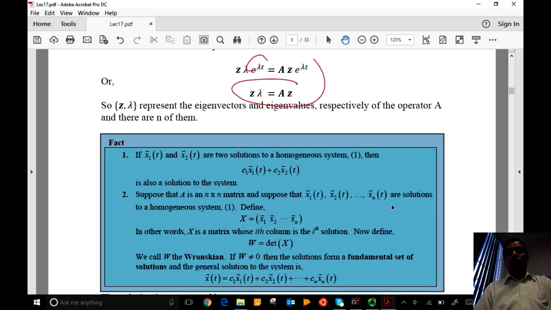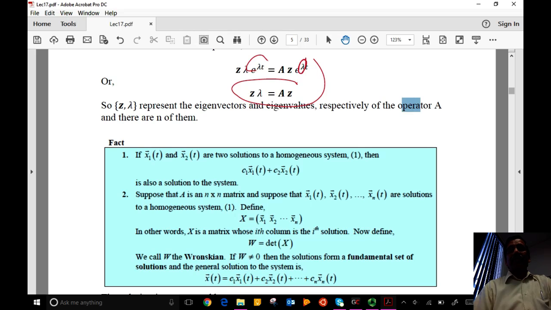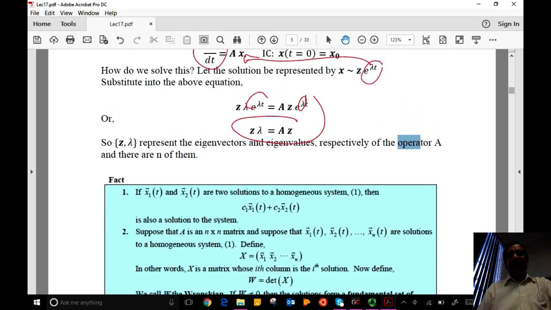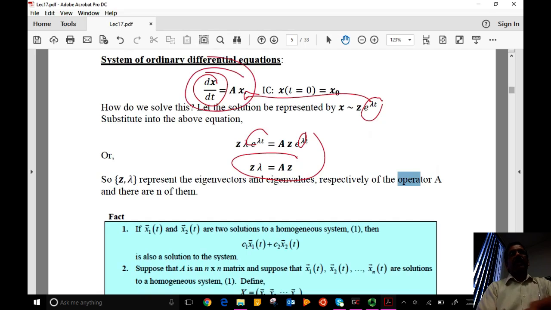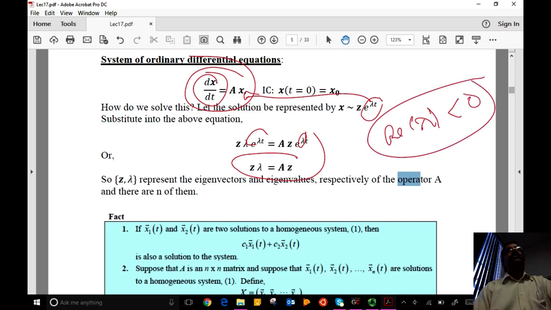This tells us why the eigenvalue is important to determine the stability of this dynamical system. If the real part of lambda is positive, you have a solution that blows up in time. The system is unstable. So you need the real part of lambda to be less than 0 for stability.